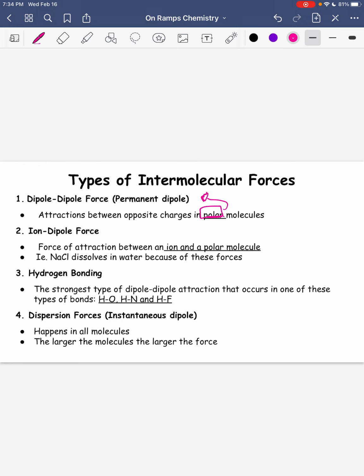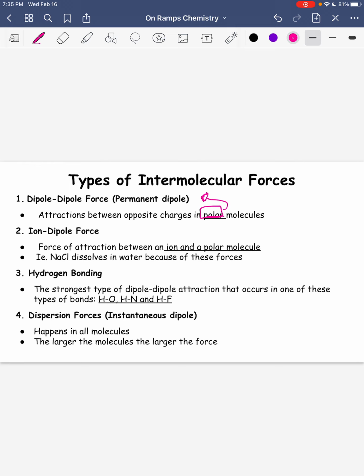Okay, so we have next ion dipole forces. So this is between an ion and a polar molecule. So the example that was given was NaCl. When it's dissolved in water, you have the ion Na and water, which is polar, making an ion dipole force.